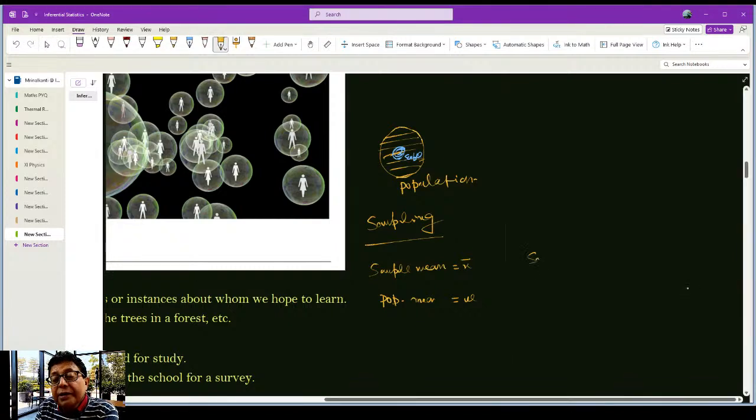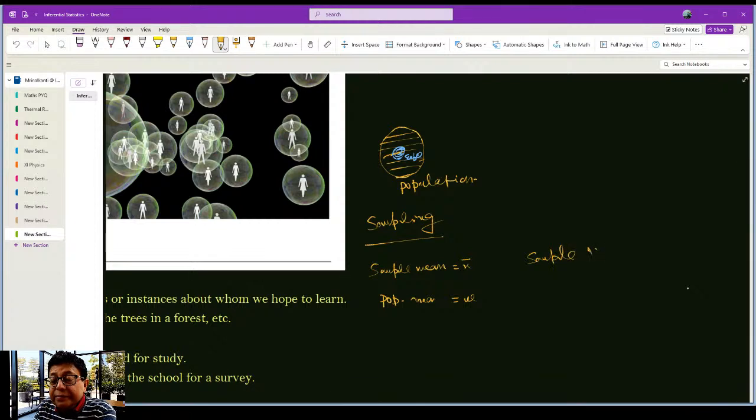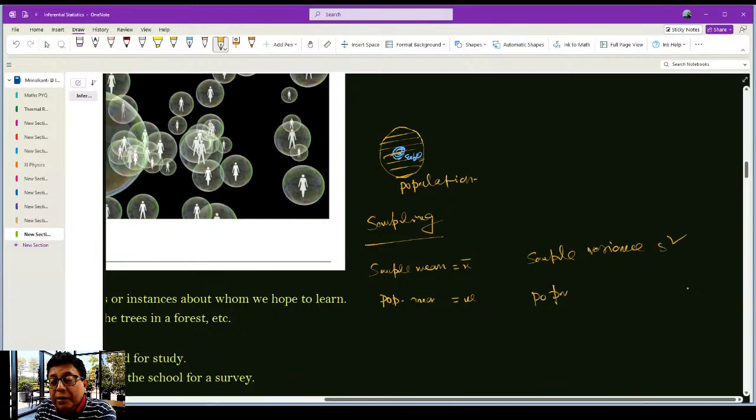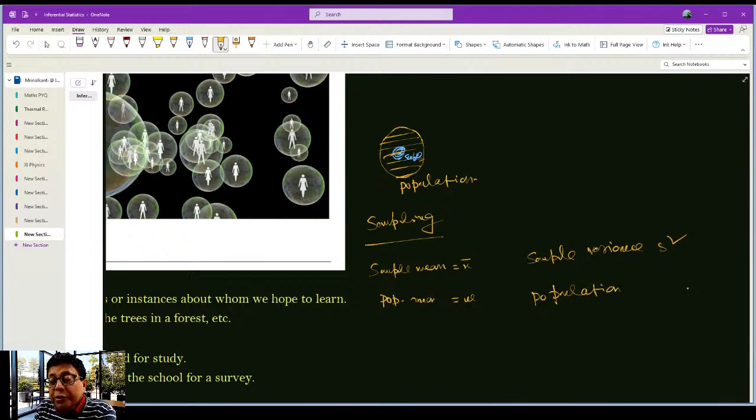If you take sample variance as A square, then population variance will be taken as sigma square.